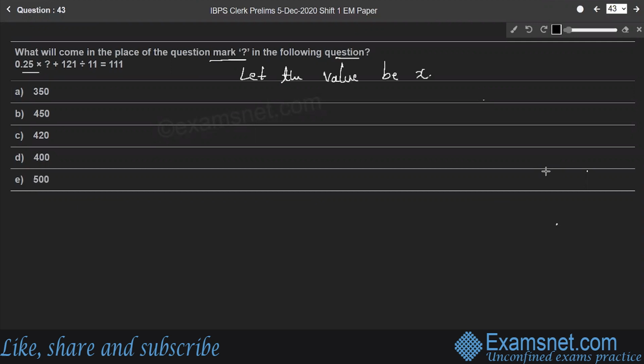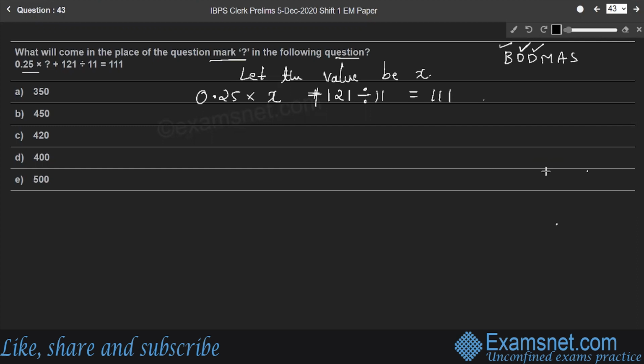Then the equation becomes 0.25 into x plus 121 divided by 11 is equal to 111. Again, according to the BODMAS rule, there are no brackets to be removed. Then of needs to be solved; there is no of part here. Next comes the division part.